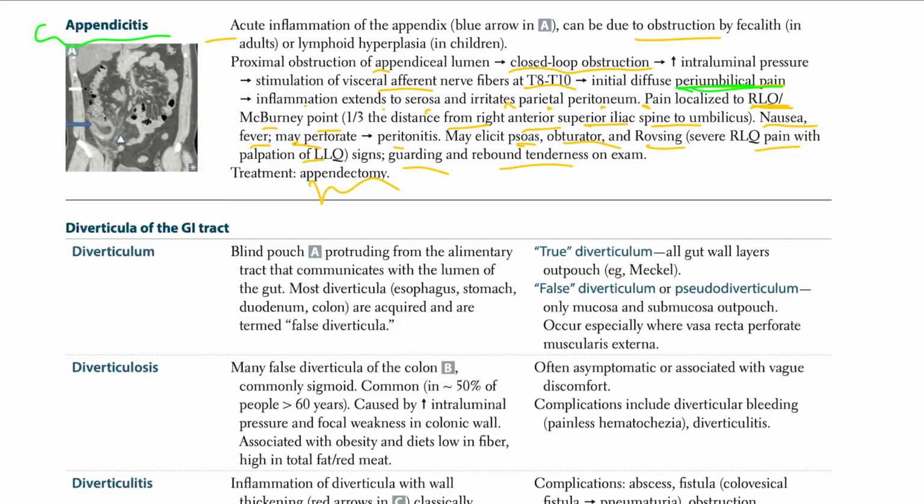the periumbilical pain, and then that periumbilical pain goes down towards the right lower quadrant. And the question is why?